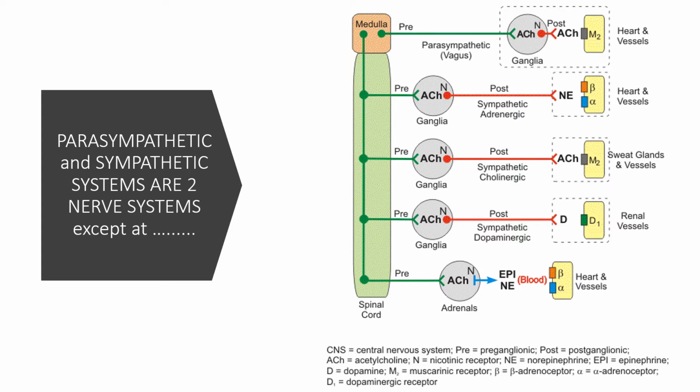And then that one nerve, called the preganglionic nerve, goes to a ganglion, and a ganglion is just a meeting of nerves, kind of a cluster of nerves, and that connects to the postganglionic nerve, which is in red here.